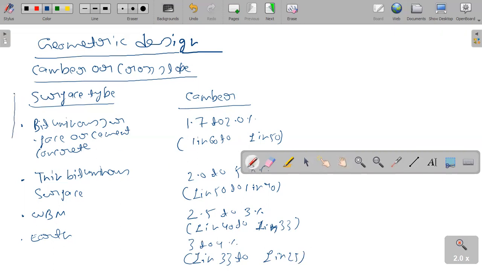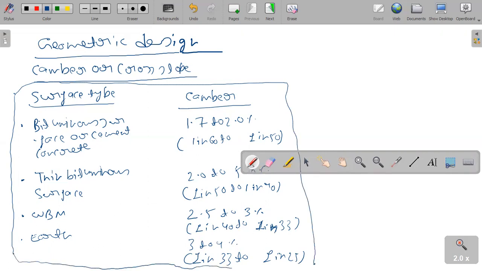Do remember this table. It is going to help you solve numericals of geometric design; there will be one numerical from this portion. Basically, this slope is important to solve numericals.